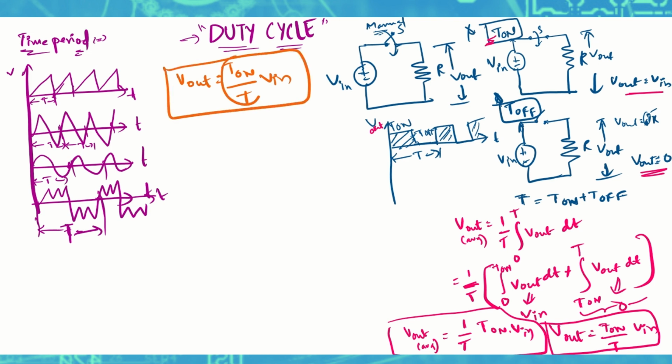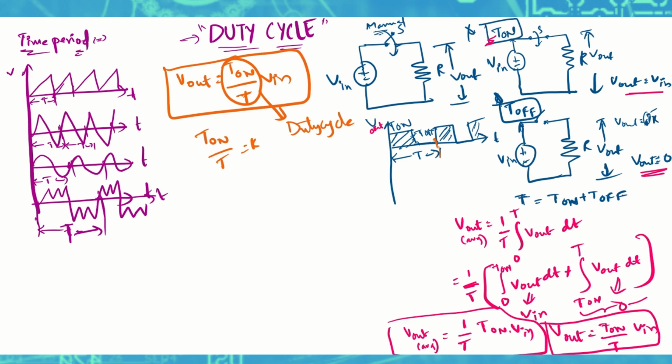This component which you are seeing here is called the duty cycle, which means how much time the pulse is active compared to the whole cycle. Compared to the whole time period, how much time the pulse is active is nothing but T on by total time period. Now this T on by T, you can write as K.